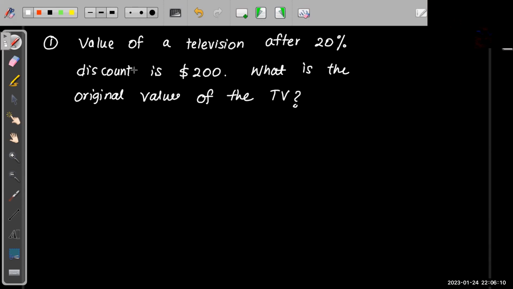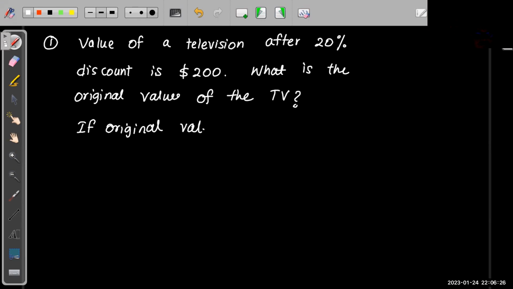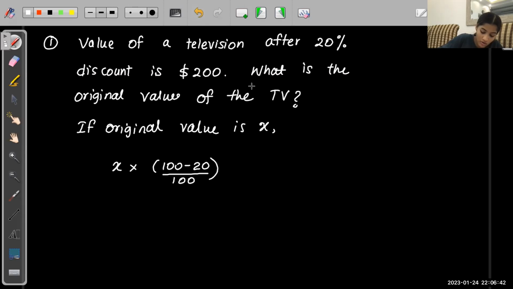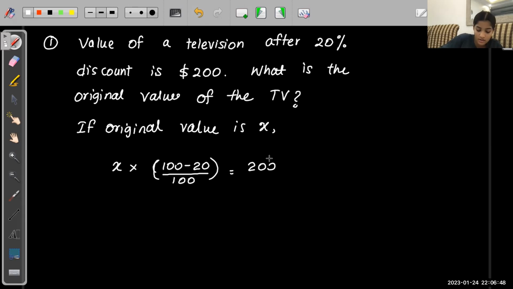Let me check. Now, if you take the original value as x, you're multiplying x by the 20% discount. Normally for these questions I use algebra. If the original value is simply x, then you can write x into 100 minus 20 over 100, because we are giving a discount. Then the discounted value is 200.